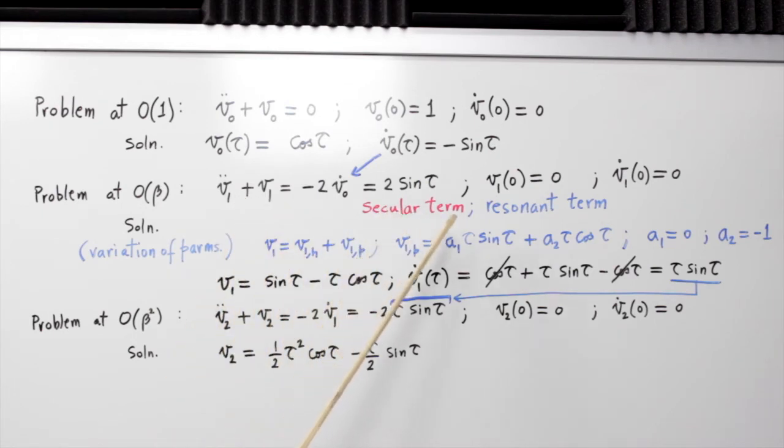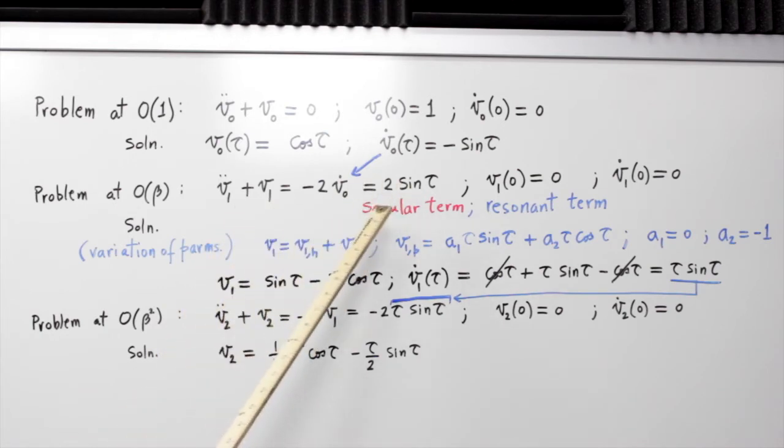And so that is called a resonant term because it has the same frequency as the solution to the homogeneous problem. And mathematically we call such terms secular terms. So here we now have a forced resonance, or a secular term, showing up in the equation. And the initial conditions for the problem are, of course, homogeneous as we had noted by the expansion of the initial conditions. And so then the question is, what is the solution to this?